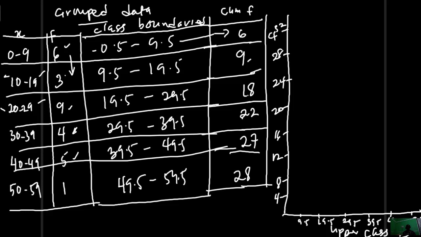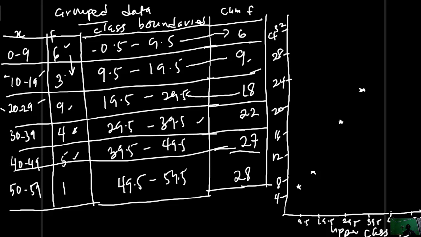We start plotting with 9.5 is 6. You look for 6 somewhere here, and you plot it. Then 19.5 is 9, a bit higher than this. 29.5 is 18. Then 39.5 is 22.